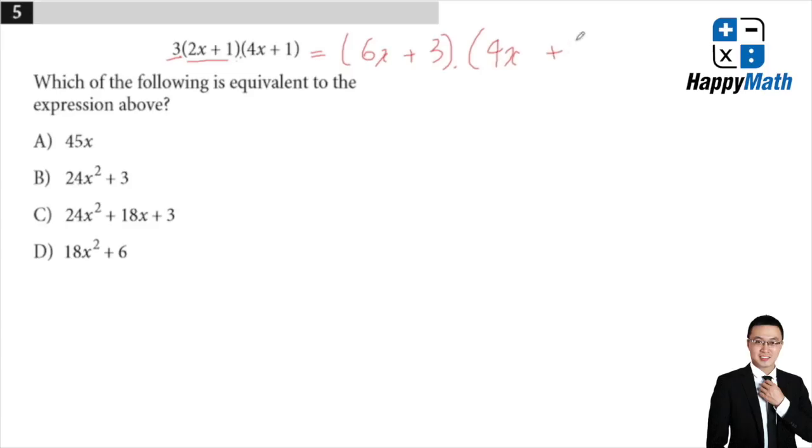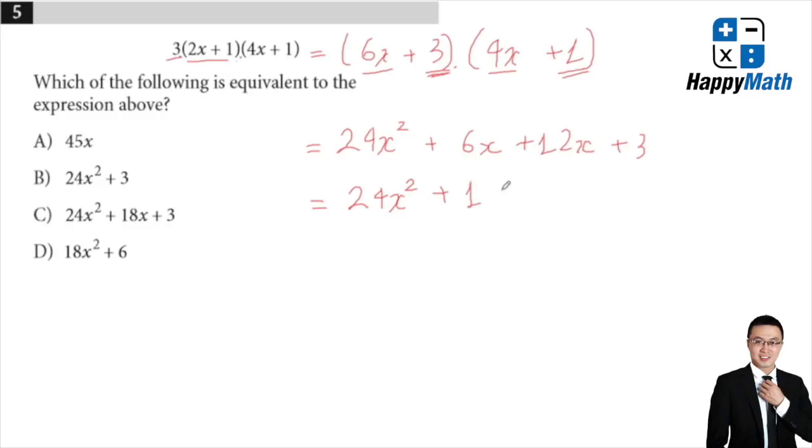And from 3 I change it to the 2 factors and multiply together, 6x plus 1, 6x, 3, 4 plus 12. So C is the final answer.